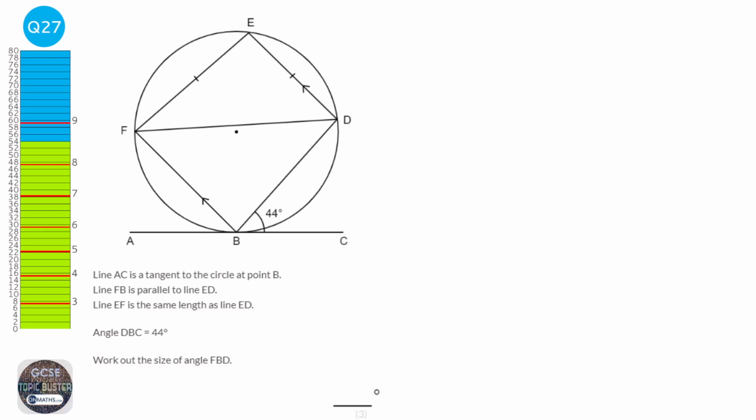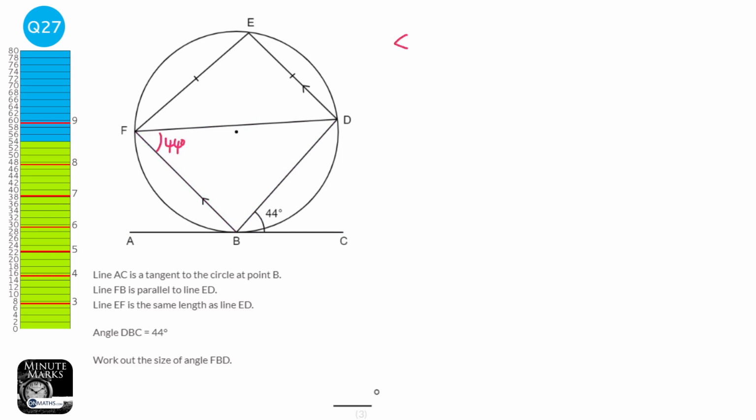So the first thing I notice with this question is that we have a lovely triangle coming off a tangent, and whenever we have that, the angle on the outside here is equal to the angle on the opposite side of the triangle. So this is going to be 44 here. I'm just going to remove all of that, and so this is going to be 44 degrees here.